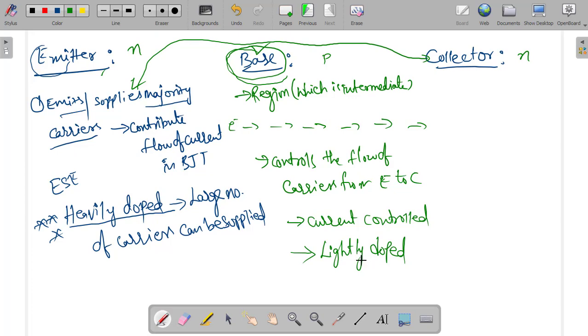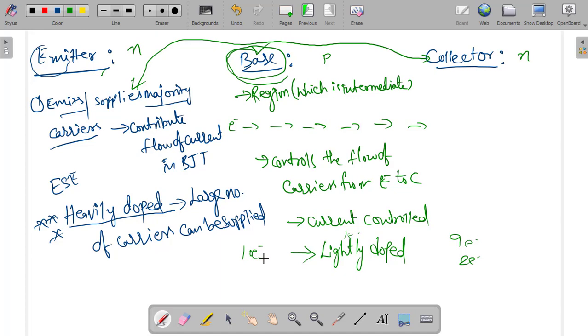If it is moderately doped, then suppose 10 electrons are supplied by the emitter. At least 9 should reach, so that 90% efficiency is achieved. 1 electron will be lost in the base. But if only 2 electrons reach, then this is useless.